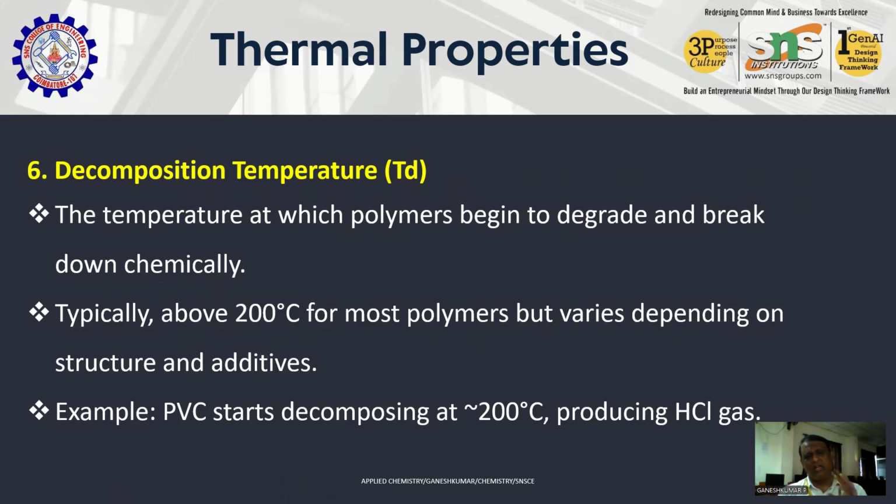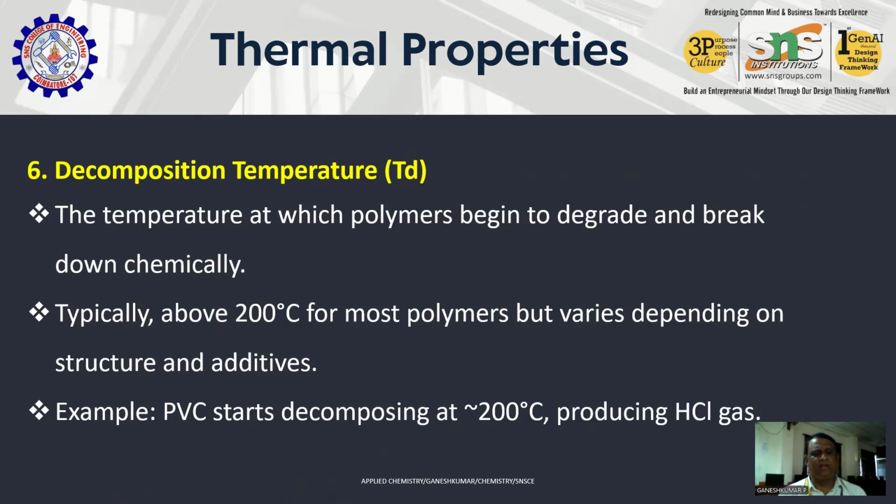Then what about the decomposition temperature? Decomposition temperature means the polymer completely disintegrates and breaks into smaller things. Typically, most polymers above 200 degrees Celsius will undergo disintegration. But with some structural changes, as we discussed, linear, cross-linked, and with the addition of some additives, the decomposition temperature may vary.